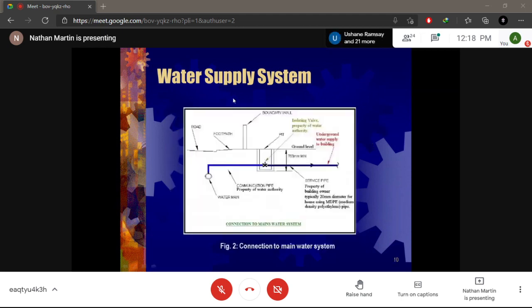Now, this is actually showing you an underground supply where you'd have your boundary wall. This is under the roadway. We have our water main. They'll tap into the water main, come to your turn off valve, right? So right here they'll have your turn off valve, and then beyond your turn off valve is going to be your meter.